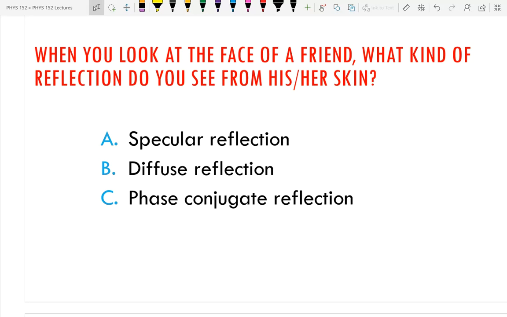Okay, everybody's answered? Everybody answered the same. Everybody said diffuse reflection. This is going to be the easiest thing in the world for you, Gila. Everyone said diffuse reflection. Why?